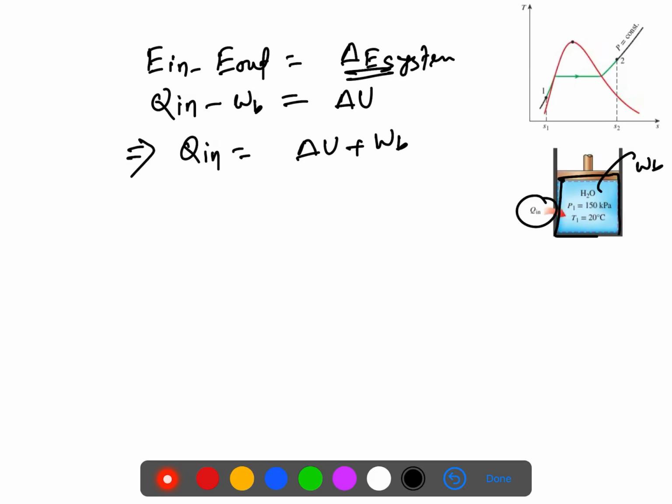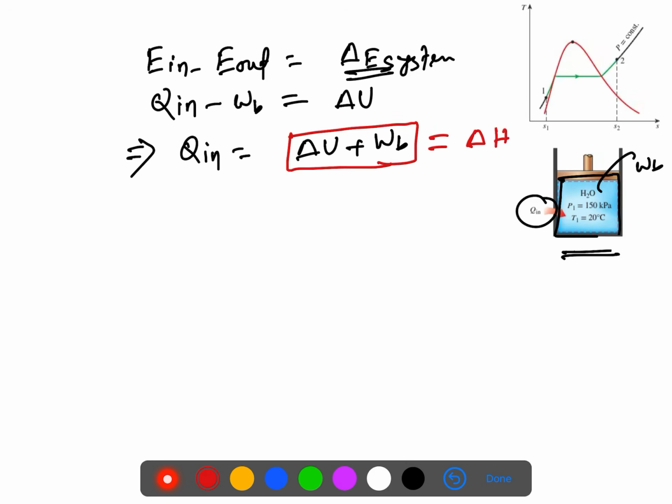If you remember, we said it is a constant pressure problem, and we had another assumption that it is a quasi-equilibrium process. So for a constant pressure quasi-equilibrium process, delta U plus W_B is actually the change of enthalpy, delta H. That's a combination property we discussed a couple of weeks back.